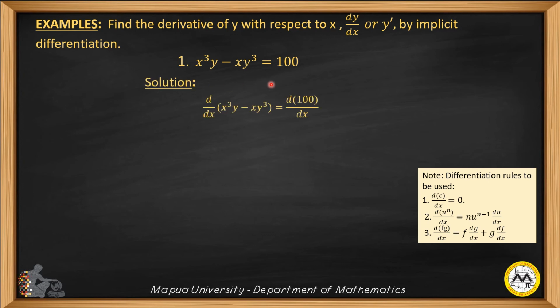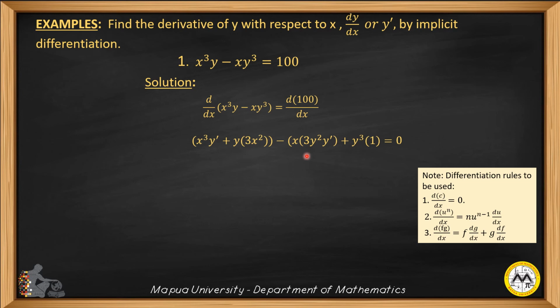As we said, the first step in differentiating a function implicitly is to differentiate both sides of the equation. And in differentiating the left member, we have that equal to the derivative of x cubed y minus the derivative of x y cubed. And the derivative of x cubed y is obtained using the product rule for differentiation. So we have there x cubed times the derivative of the factor y given by y prime plus the factor y times the derivative of x cubed, giving us 3x squared.